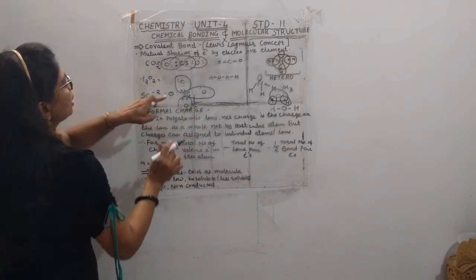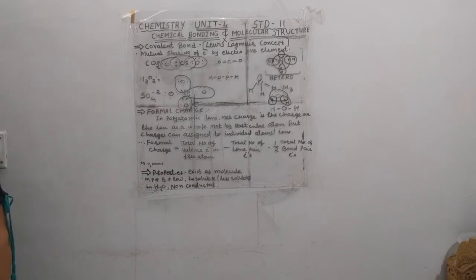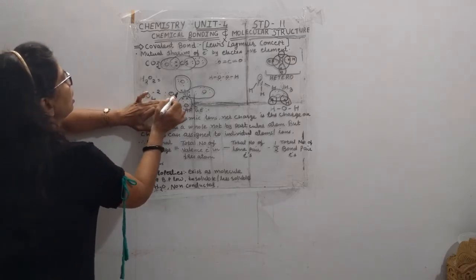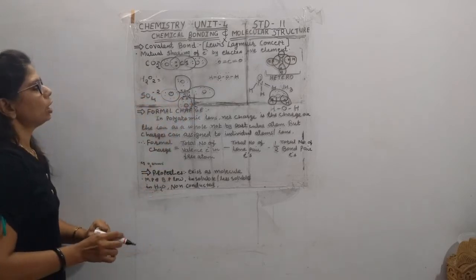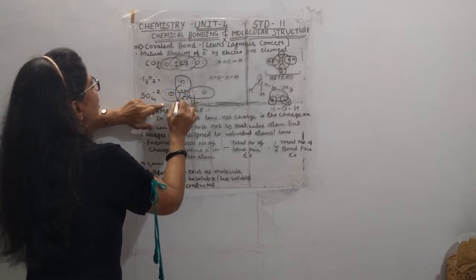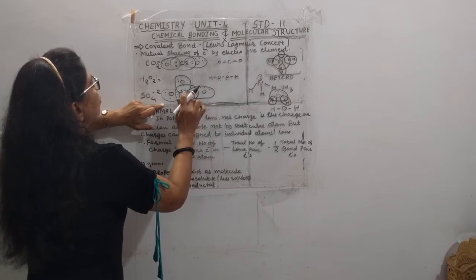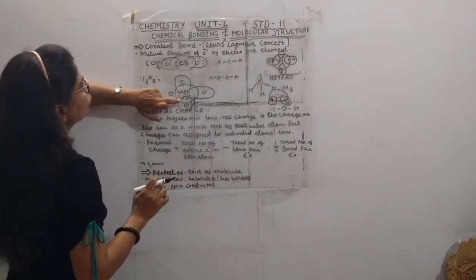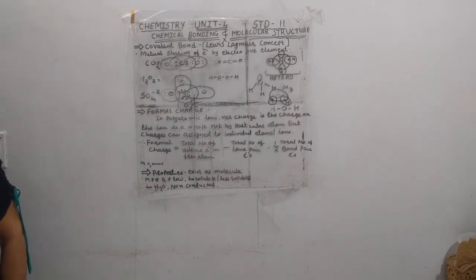For this oxygen, student, that oxygen has six electrons. And now we can see about the sulfur. Four and 4, 8, 8 and 4, 12, and 12 and 2, 14 electrons you can see.